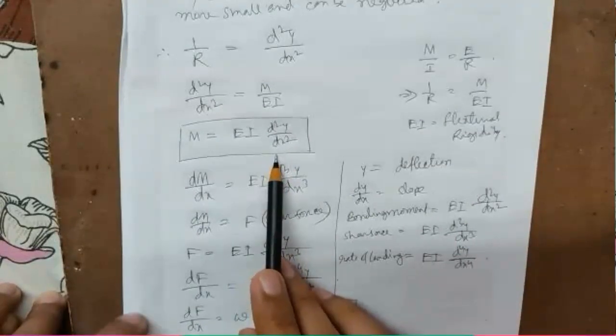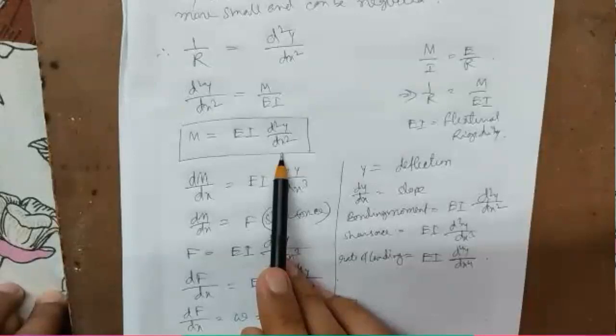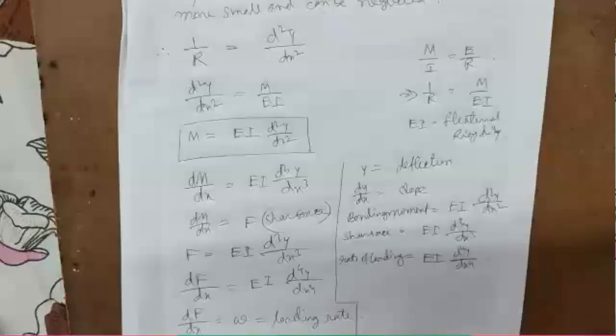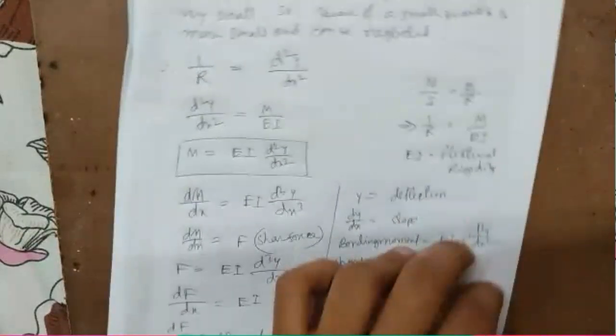When you make a double integration, you get y or deflection. So this method is called the double integration method or simple integration method. We will solve this integration method with a typical problem.